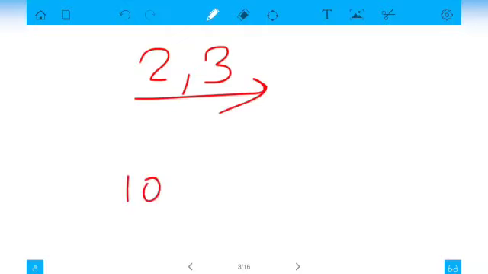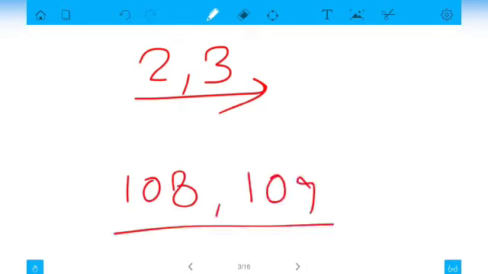Like if I write 108, the consecutive of this number is 109. So the number that comes just after another one is the consecutive number. Here I am only saying consecutive numbers, not mentioning whether it is even or odd.